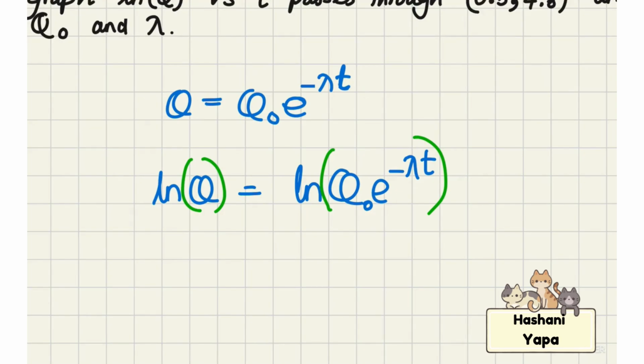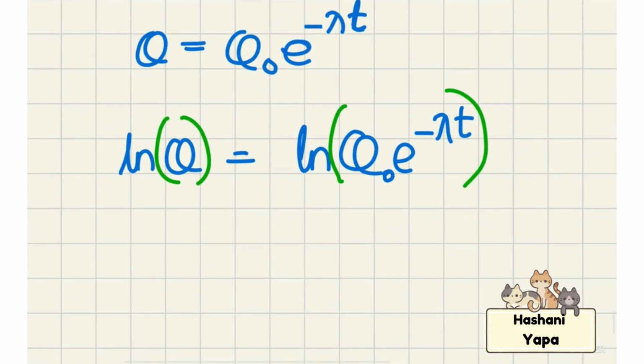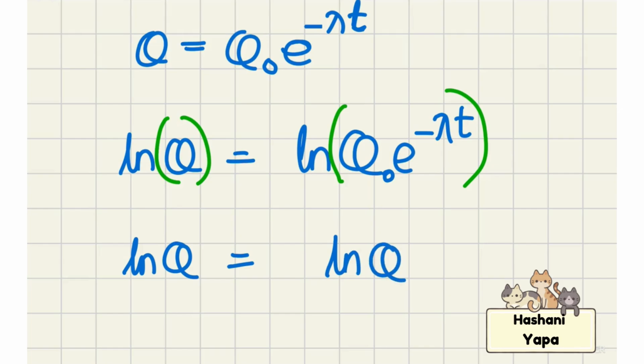According to log rules, if it's a multiplication, you can write it in the form of addition. So ln q is equal to ln q naught plus ln e to the power minus lambda t.